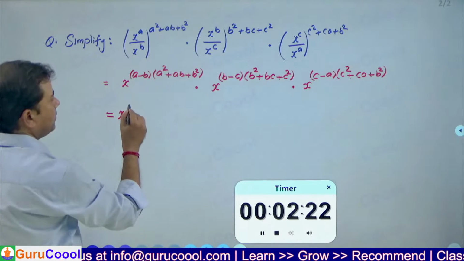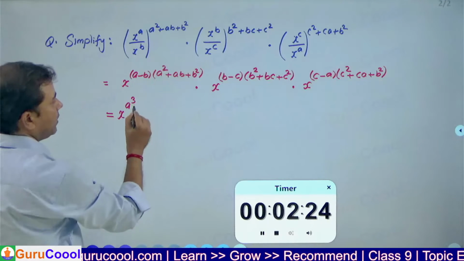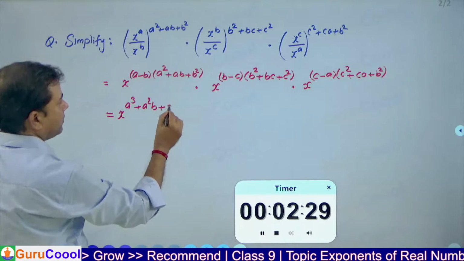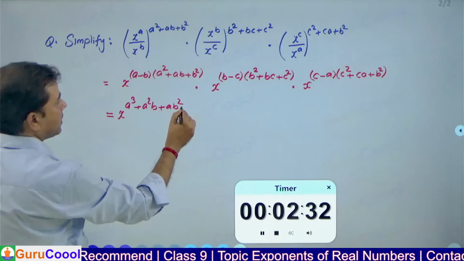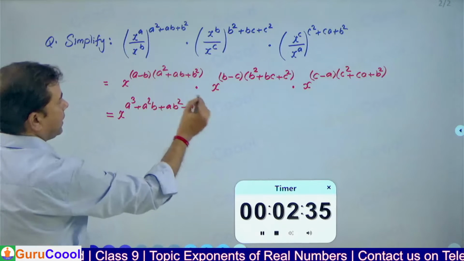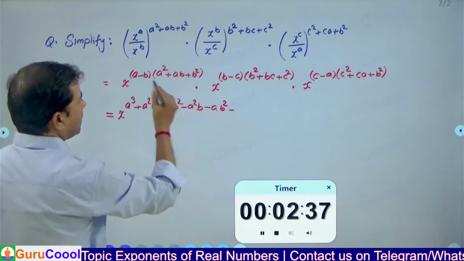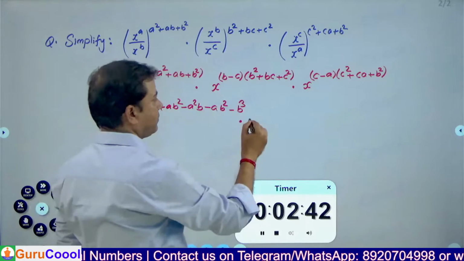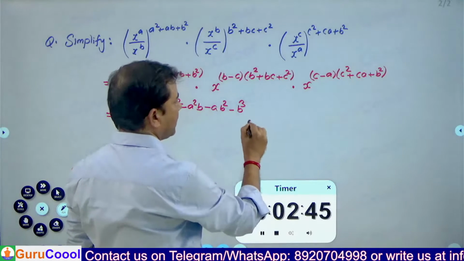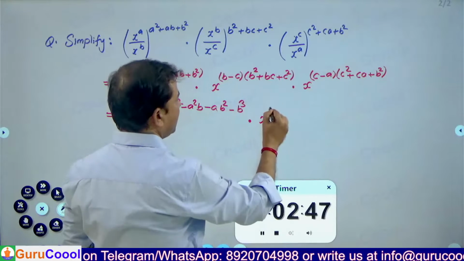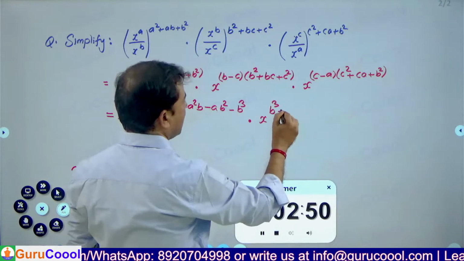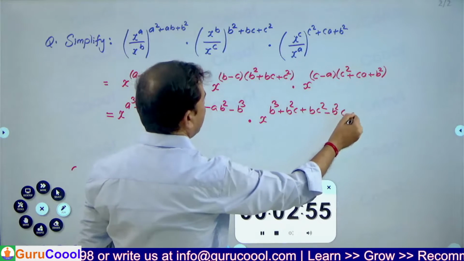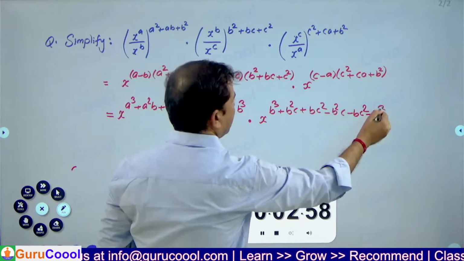So a cube, a into a square, then a into ab, then a into b square, then minus b with this, minus a square b, minus ab square, minus b cube. I am writing the second one after the multiply sign itself: x raised to the power b cube plus b square c plus bc square minus b square c minus bc square minus c cube, the second one.